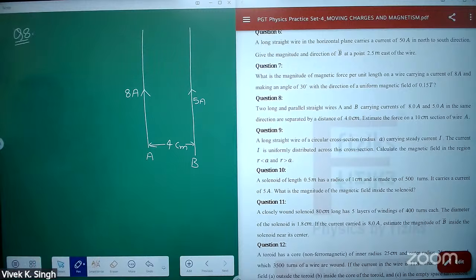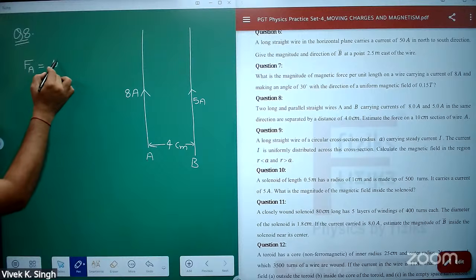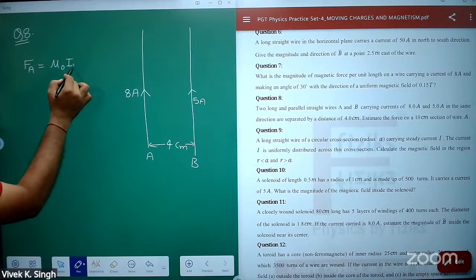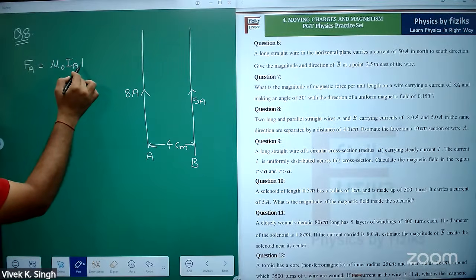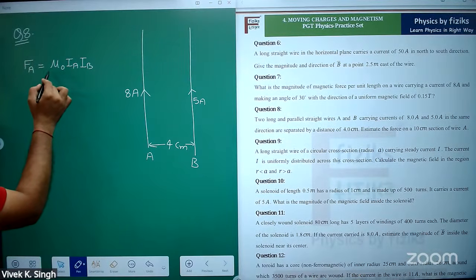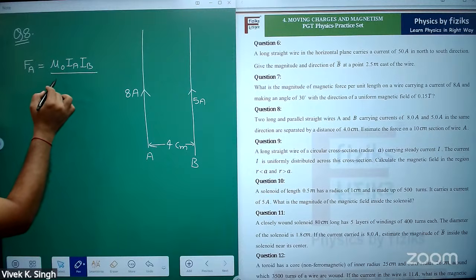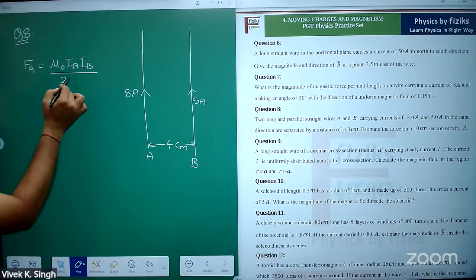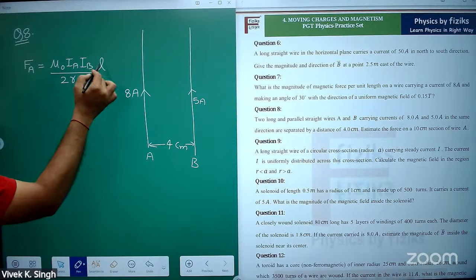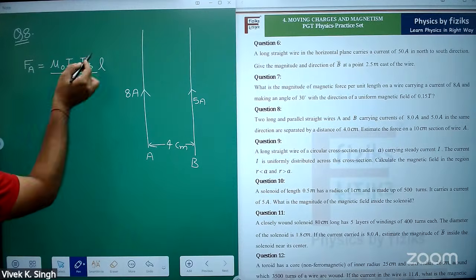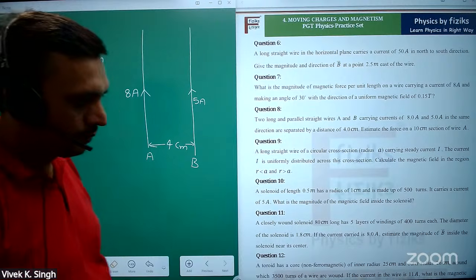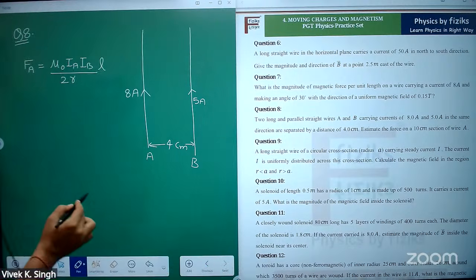So that force experienced by wire A is given by mu naught IA IB by 2 pi r into length L, because force per unit length will be this value.